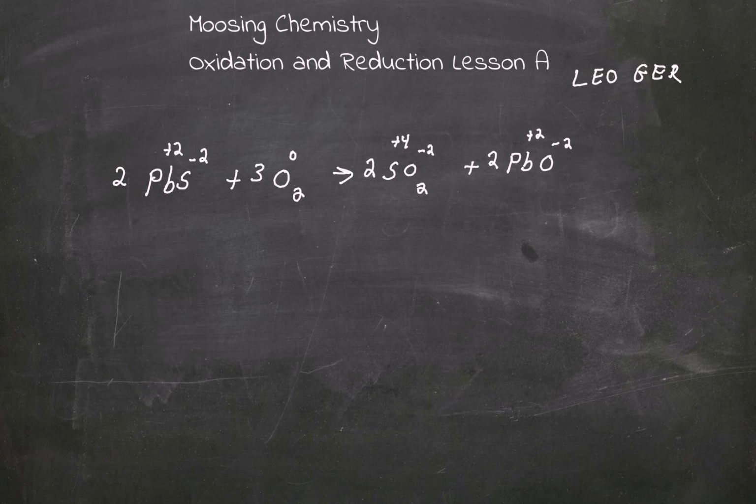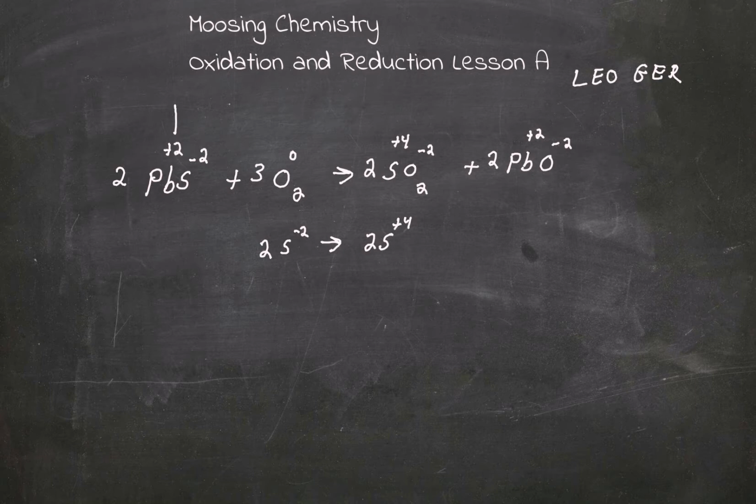All right, so let's look and see what's happening here. Our S's, we have 2 S's, each with minus 2. It's going to yield 2 S with plus 4.